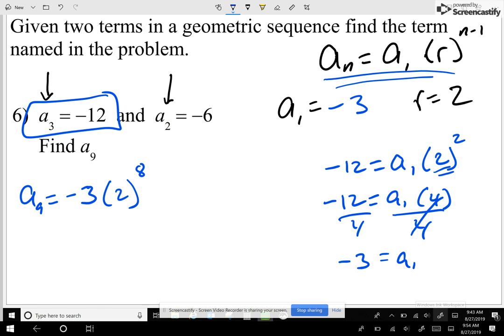All right, let me do 2 to the 8. It tells me it's 256, 2 to the 8 times negative 3. Then in this case, it tells me it is negative 768.